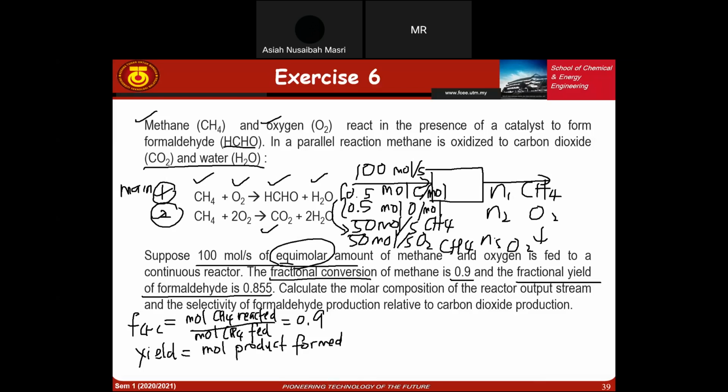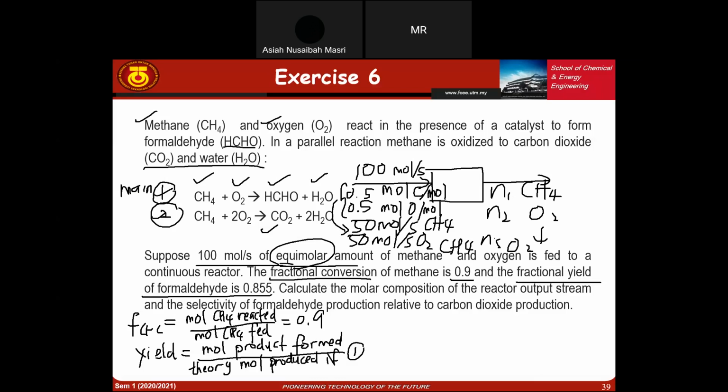So yield refers to product, conversion refers to reactant, over theoretical, in theory, how much mole it should produce if there are two conditions.